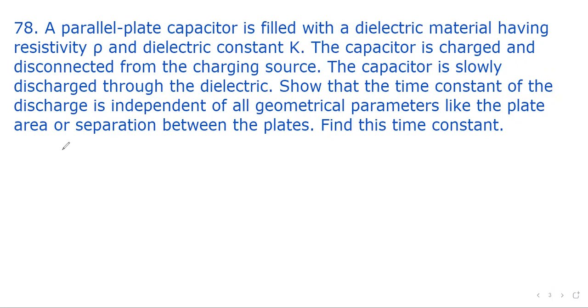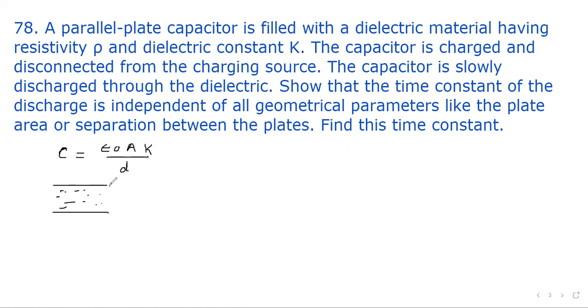So we know the capacitance of a parallel plate capacitor with the dielectric filled between the two plates is epsilon naught A times K divided by D, where D is the separation between the two plates.